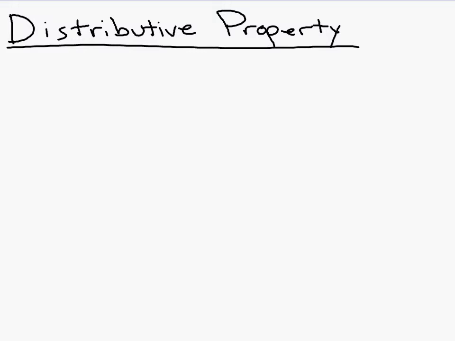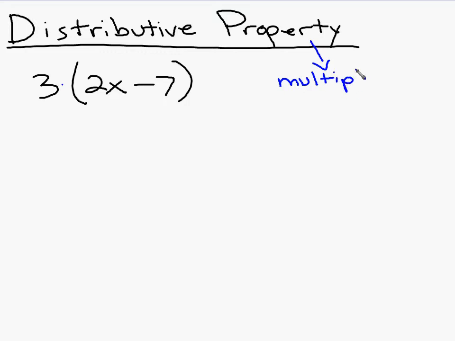If I have 3 multiplied by a binomial, this is the case where we use the distributive property, where I have a number on the outside written just like this. If it's written like this, this means multiplication. The distributive property is technically called the distributive property of multiplication, and I want you to write this down.